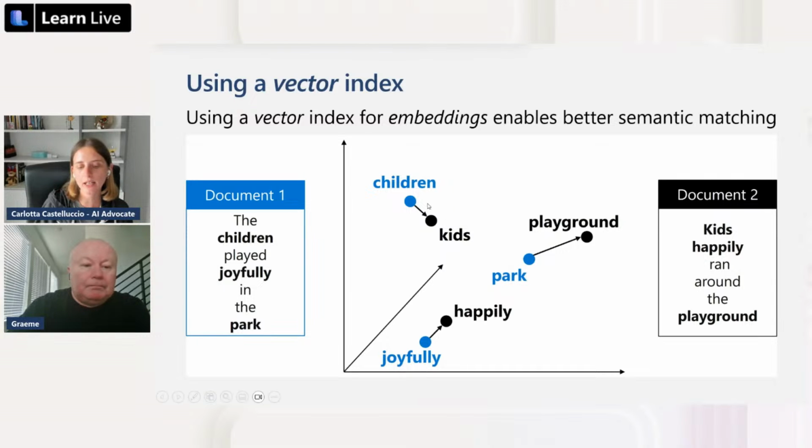For example, here you have the words children and kids closer to one another, or joyfully and happily, again closer in the space to one another. And here, of course, we are using a two-dimensional or three-dimensional space because it's the easier way to represent this, but you should imagine a multidimensional space, not just 2 or 3 dimensions.